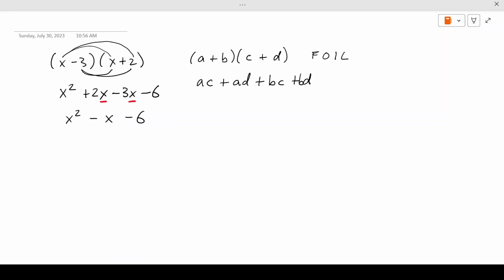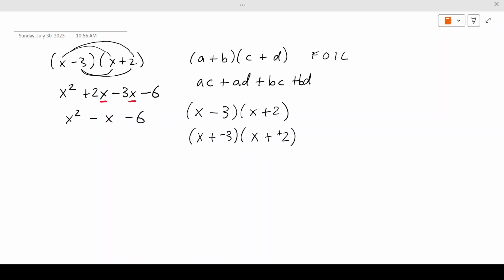So if I have x minus 3 times x plus 2, like I did just to the left, what I have is equivalent to x plus negative 3 and x plus positive 2. I'll put a little positive there to emphasize that that's a positive 2, okay?